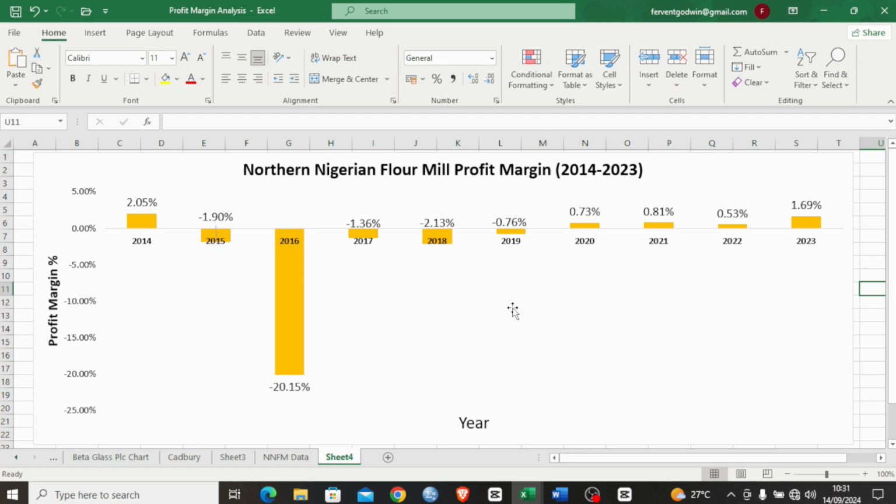They have the bread flour, which is named Golden Crown, the pastry flour, which is Golden Crown Pastry, the confectionery flour, which is Golden Crown Cake, and the all-purpose flour, which is Golden Crown All-Purpose. So these are the four major products that they have when it comes to flour.